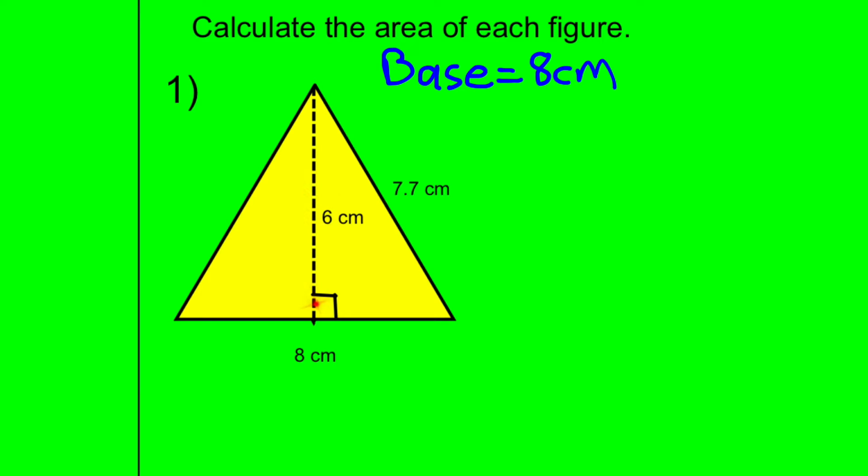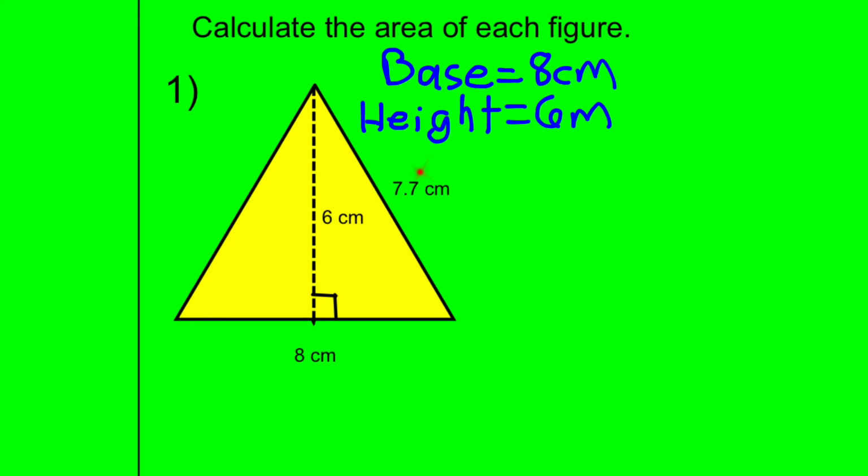Since it's a dotted line, that means it's an imaginary line drawn straight down from the top of this triangle to represent the height of the triangle. So the height of this triangle is 6 centimeters, because we always have to measure the height as a straight up and down distance. And we know this is a straight up and down distance because we have that 90-degree angle here.